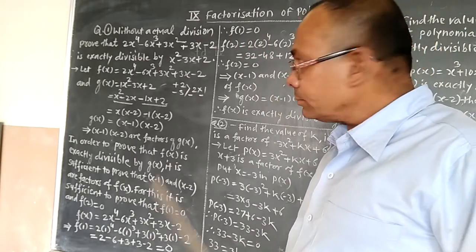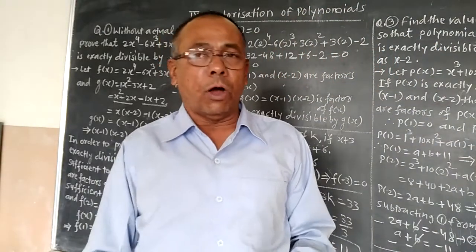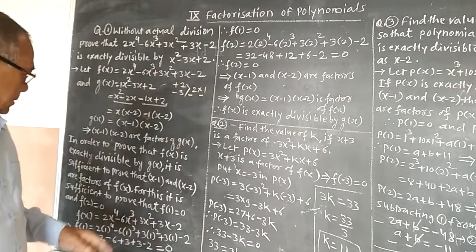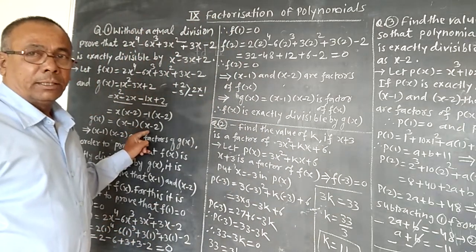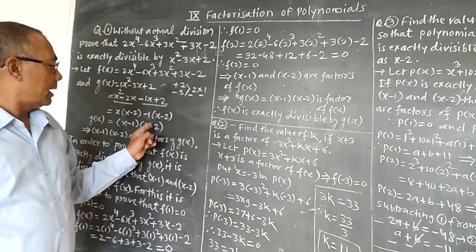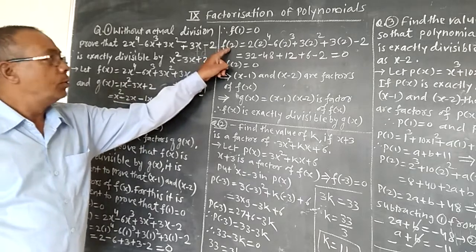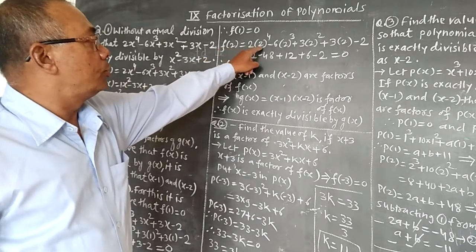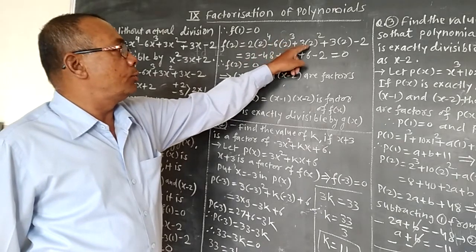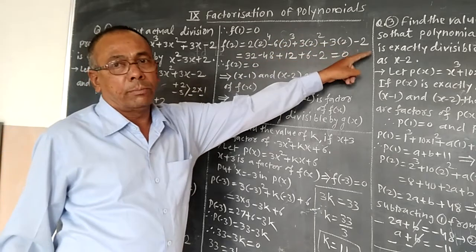Now we will find the value of f(2). Because here x - 2 is there, instead of -2 we have to take 2. So f(2) is equal to 2 into 2⁴ minus 6 into 2³ plus 3 into 2² plus 3 into 2 minus 2.